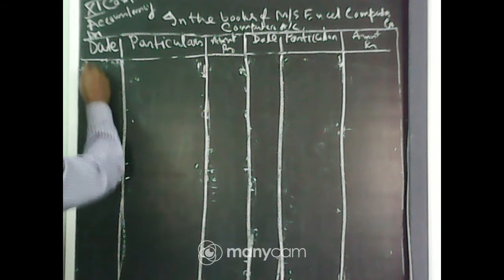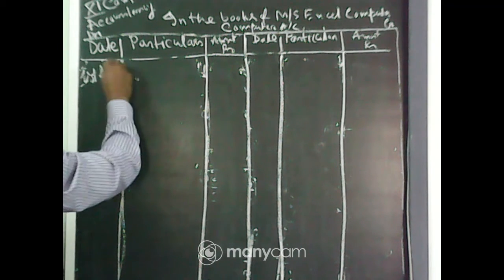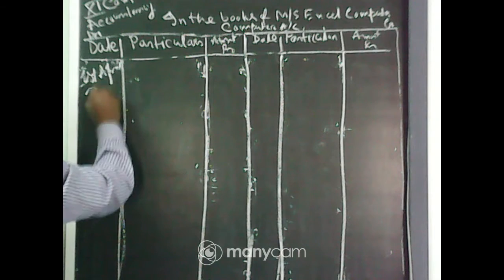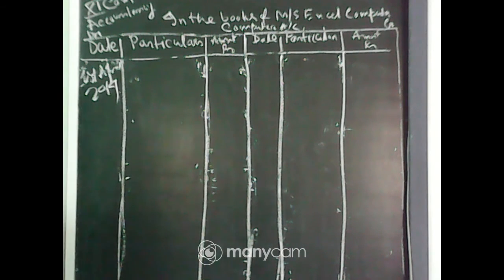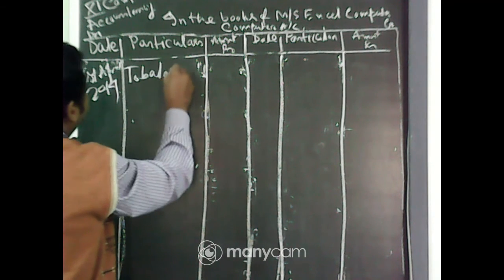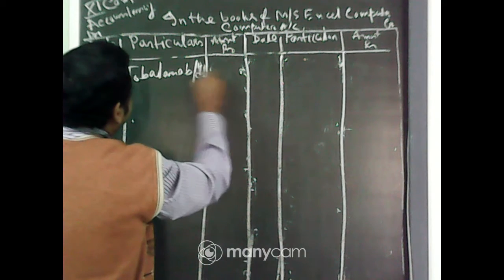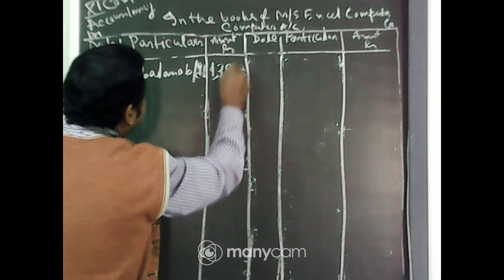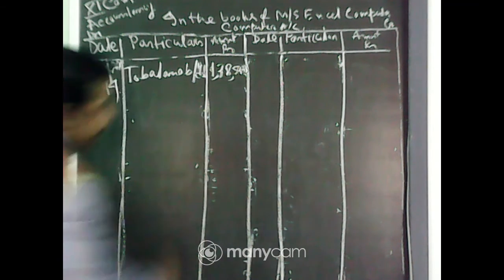So 1st April 2014. Now see what will be the balance? 1,78,500 to balance b/d, you just write fast.